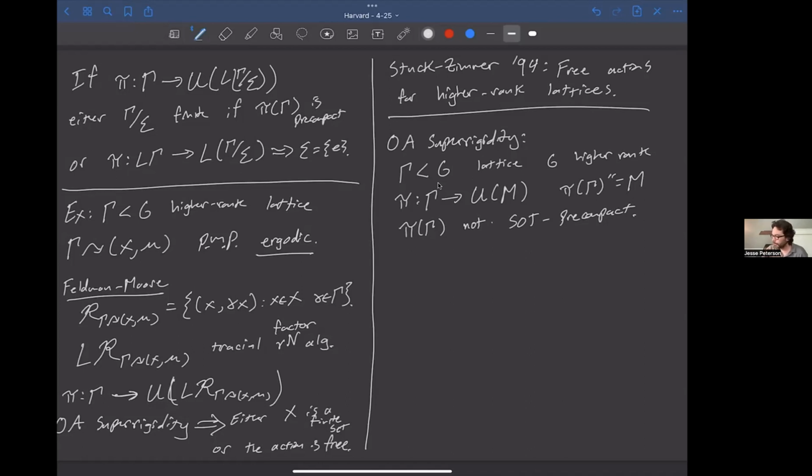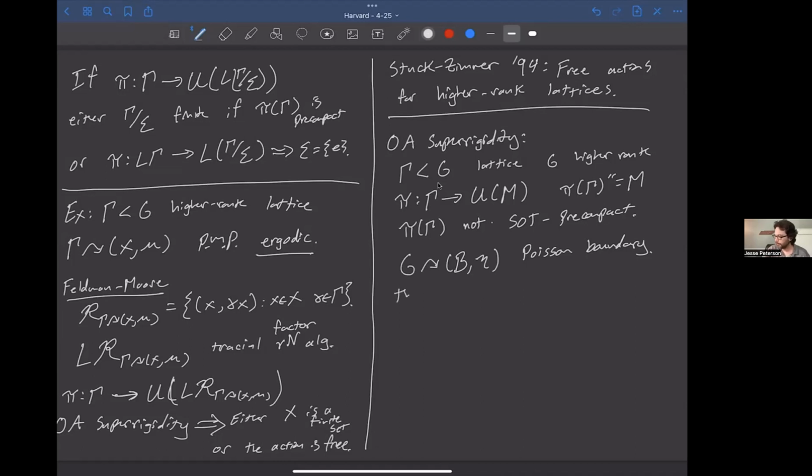So what we do is we look at the Poisson boundary of the Lie group. You can realize this as some space of harmonic functions. For the sake of time, I won't describe this too much, but the remarkable fact is that the Poisson boundary is what Zimmer called an amenable action.